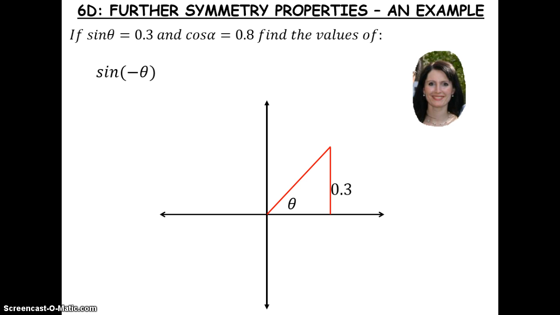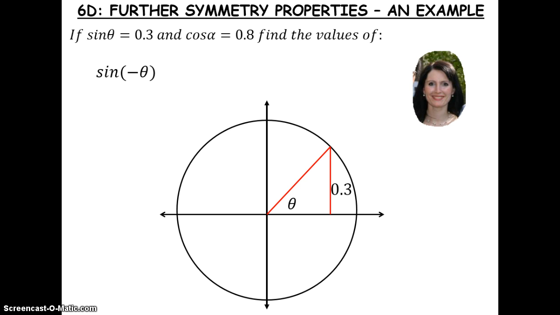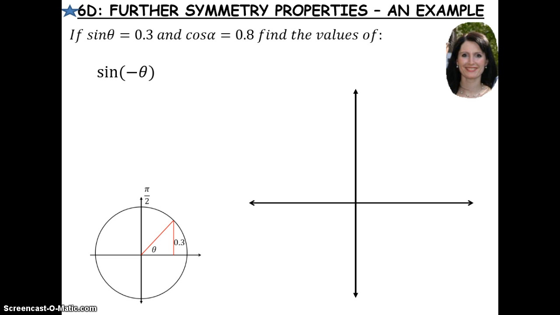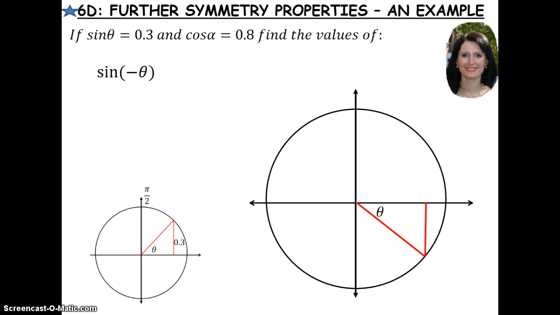Now let's see if we find sine of negative theta. So there's our unit circle, there's the triangle with theta, and we know that sine theta is 0.3. So our y value is 0.3 for that particular angle value. Let's put that triangle on the left-hand side, and let's move that triangle to the negative. So we're saying sine of negative theta. There's negative theta there.